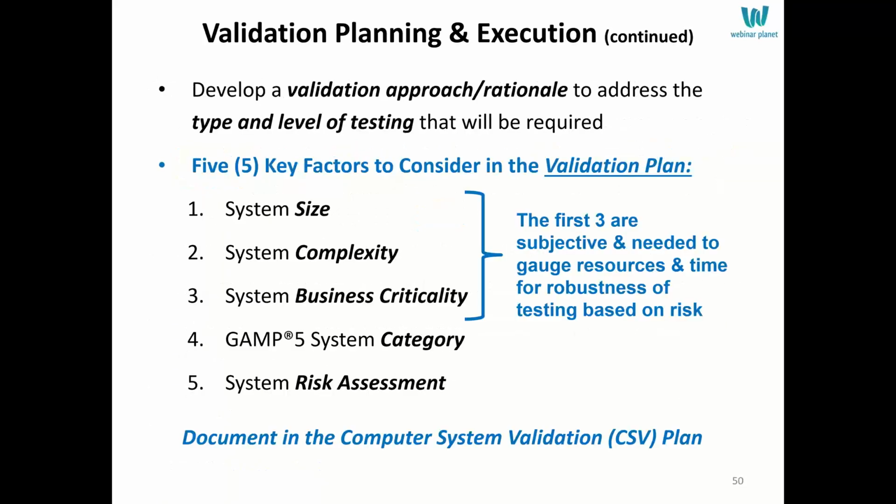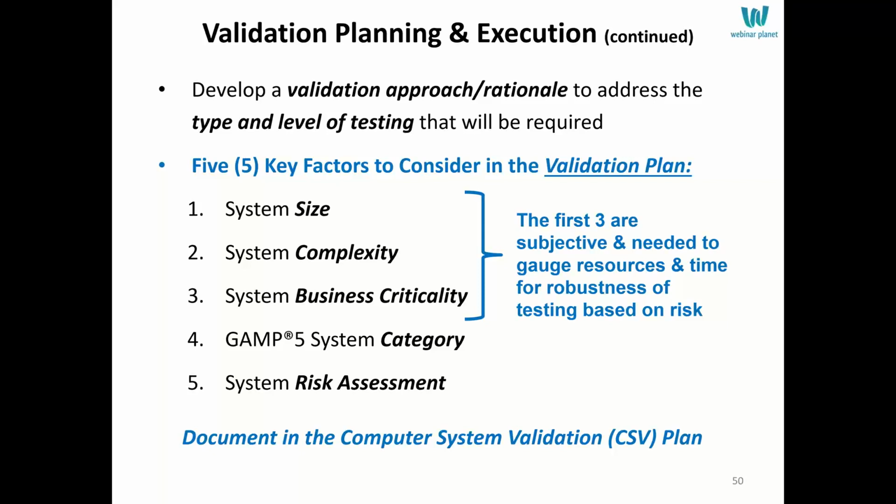Now, one thing I can tell you, size, complexity, and business criticality. These are things that you have to decide on. Size can mean it's a big system with a lot of lines of code. It could be that it's used with algorithms that are very complex and very time consuming to run. System complexity, it could be used by multiple functional units.